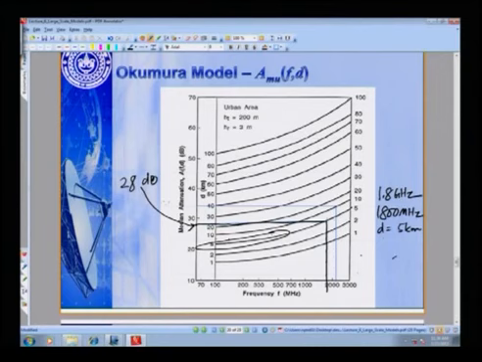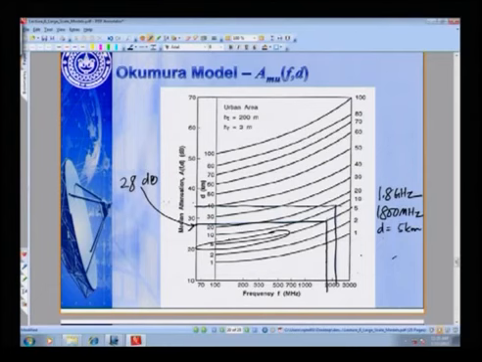Since I do not have any curve for 8 kilometers, I approximately use the curve for 10 kilometers, and on the 10 kilometer curve, at approximately 2.1 gigahertz, I see that the factor A mu f d is roughly 34 dB.